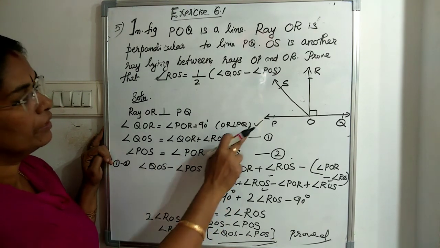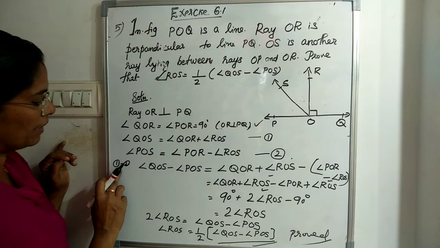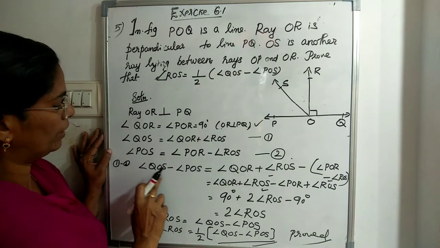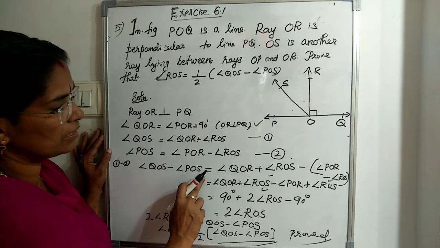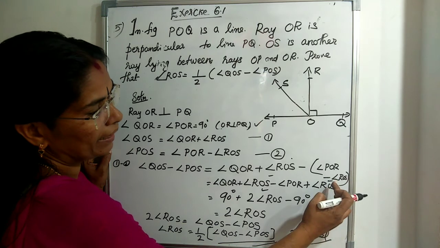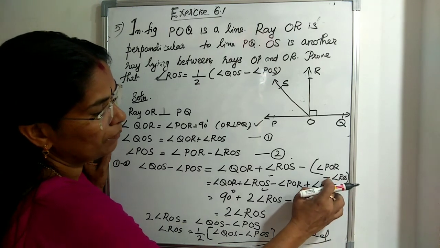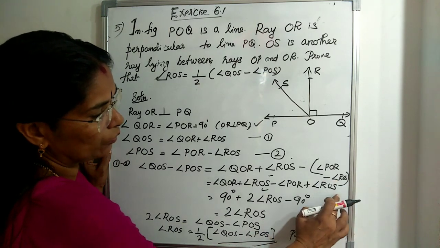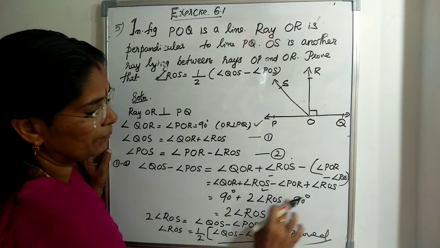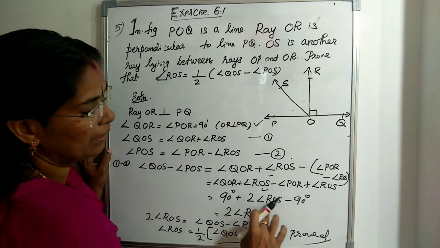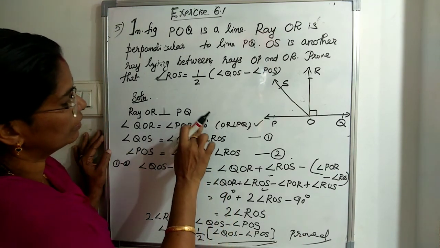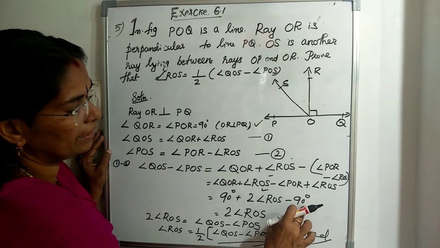Next, equation 1 and 2 are written, and we are subtracting 1 minus 2. We will get angle QOS minus angle POS on the left side, equal to these 4 terms. Here we are removing the bracket, then this subtraction becomes addition. So plus ROS is coming in the next step. ROS 2 times are coming, so we are adding 2 angle ROS. Its value we are substituting, already written on the top: 90 degree, again 90 degree.